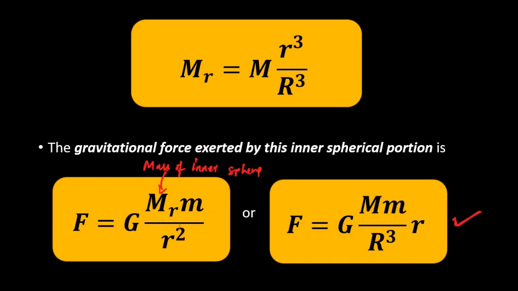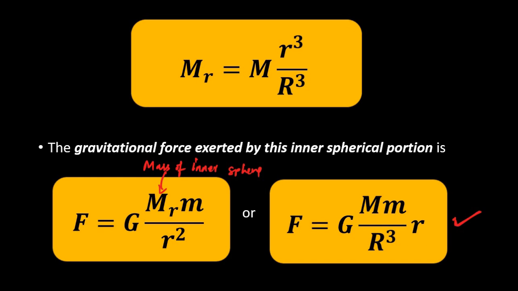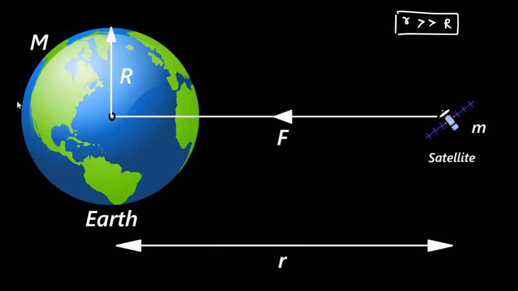In all of these cases, the mathematical expression of the gravitational force is different, but it is always directed towards the center. No matter where the point mass is, the gravitational force acting on it is always directed towards the center.